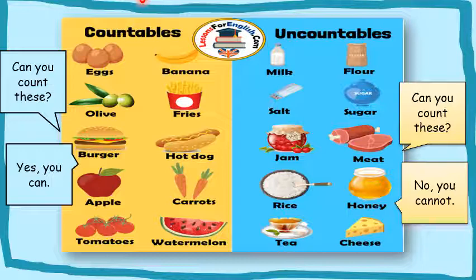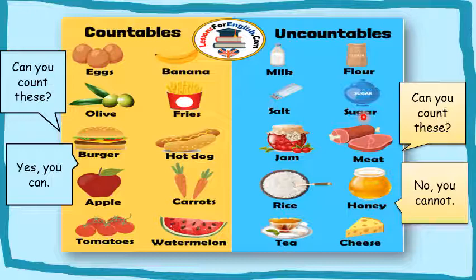But you could never, awak tidak boleh mengira susu jika ia dalam apa? You cannot count milk because it is not solid, okay? Contohnya, let's say meat or sugar. Like I mentioned before, seperti saya sebutkan sebelum ni, how do you count sugar one by one?